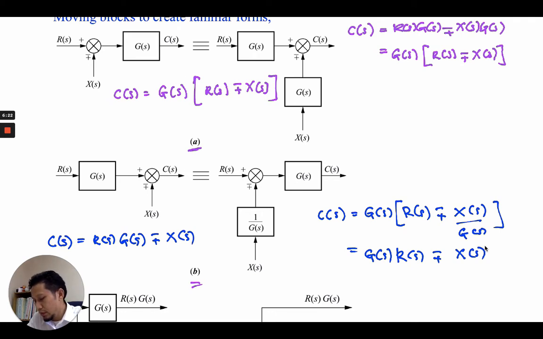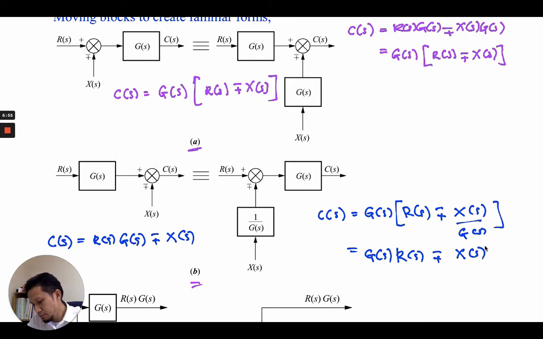You can say that if you are moving the subsystem to the back, you will have both subsystems similar, G(s) and G(s). If you move the subsystem in front of the summing junction, you will have G(s) and 1 over G(s).